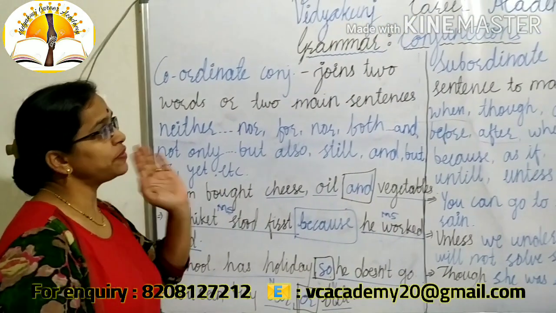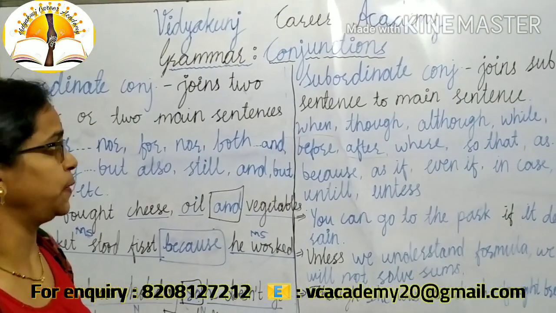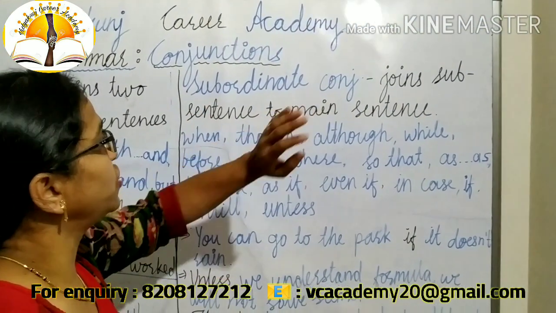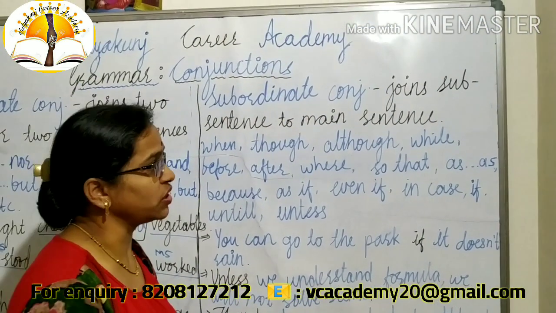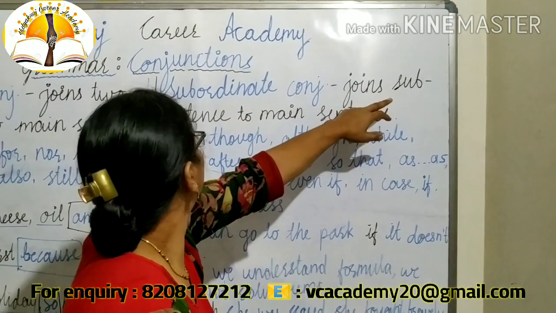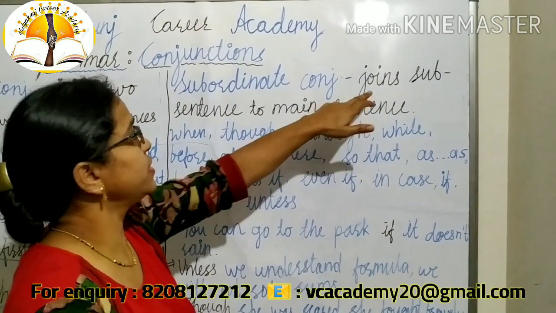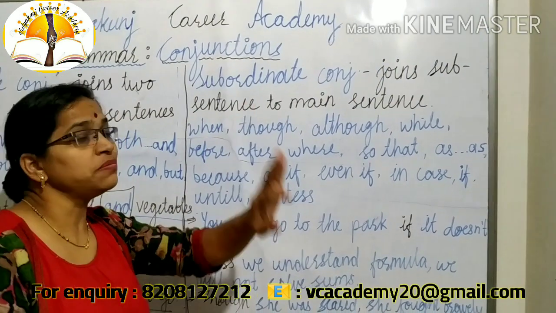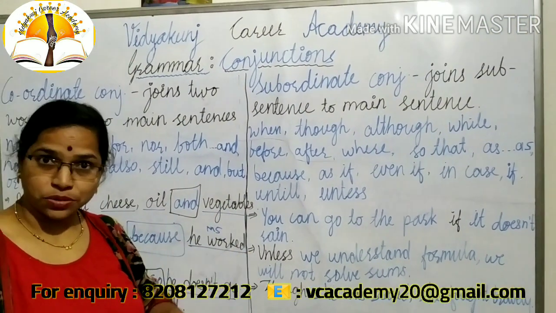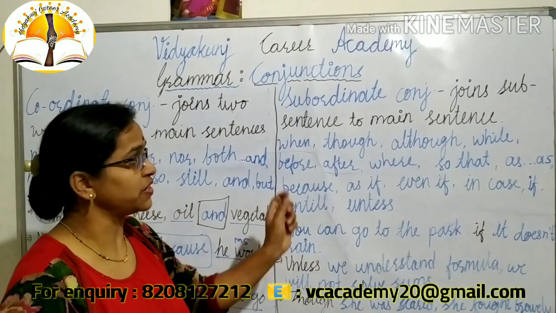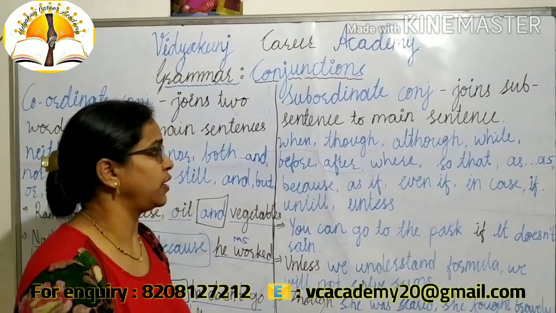Now we will see the next type of conjunction, the subordinate conjunction. A subordinate conjunction joins a sub-sentence to the main sentence. It means the sub-sentence depends on the main sentence.